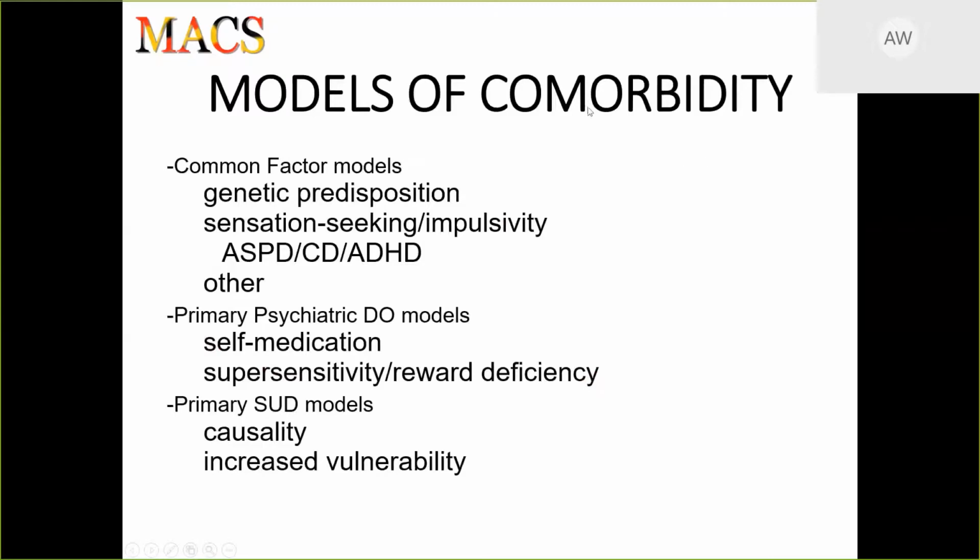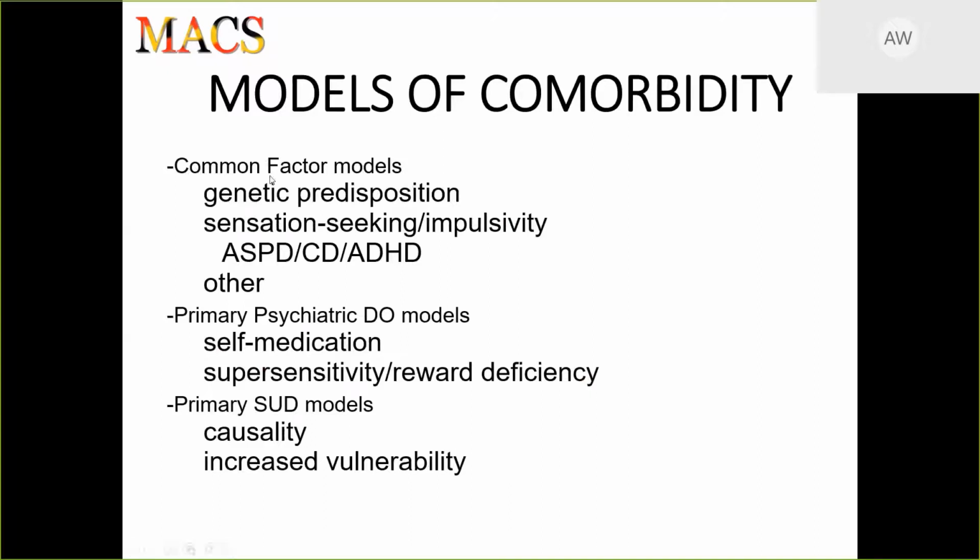So as we talk about comorbidity, it helps to divide it into three main buckets. One is a common factor model, and we could spend hours just on this, but this involves when you inherit the predisposition genetically, you're inheriting something that makes you more likely to have both substance use disorder and some other mental health issue.